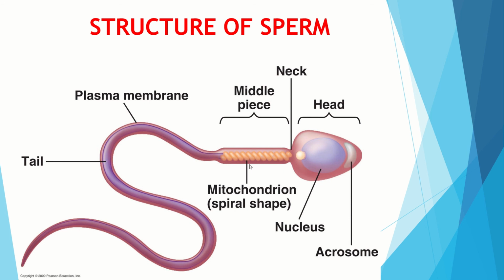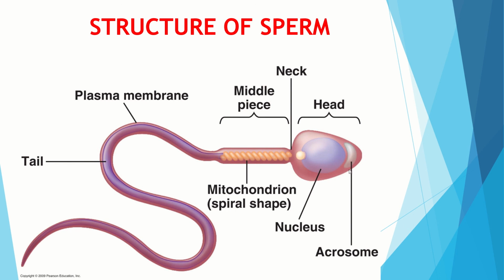Because of this spirally coiled mitochondria, it is said to be the Nebenkern. The head, middle part and neck part are all covered by the plasma membrane, except the tail. The tail is covered by cytoplasm. And one more thing, there is a membrane in the anterior head part. That membrane is called the galea capitis.